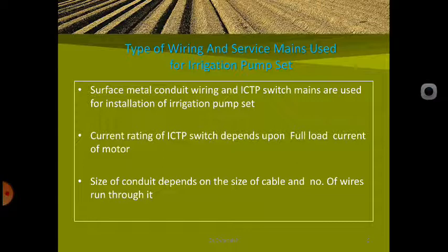Here we are using the metal conduit only. For the power load, always use metal rigid conduit or flexible conduit for agriculture purposes also. At the same time, whenever this metal conduit is used, it should be earthed; that should be remembered.